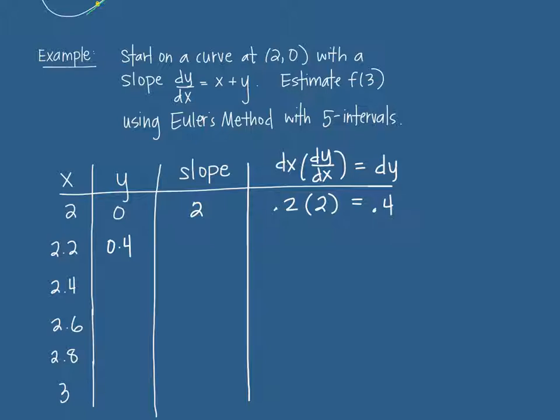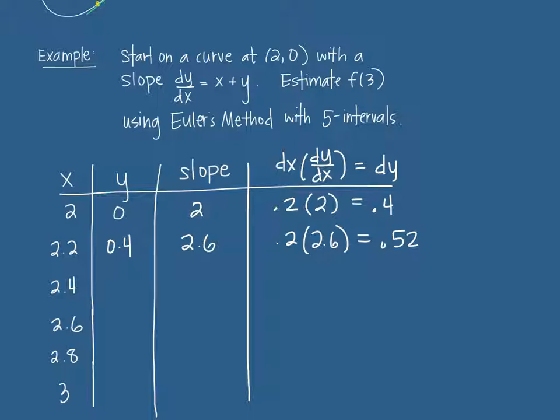All right, then let me erase a couple things here. Our increment is still 0.2 because we're going to move another 0.2 in the x direction. Our slope has now changed to 2.6. So 0.2 times 2.6 is 0.52.